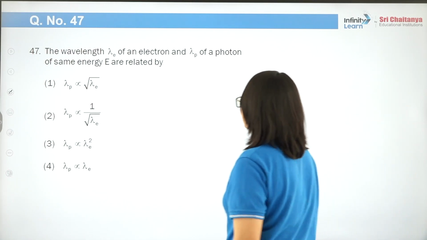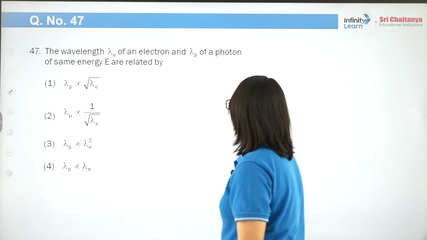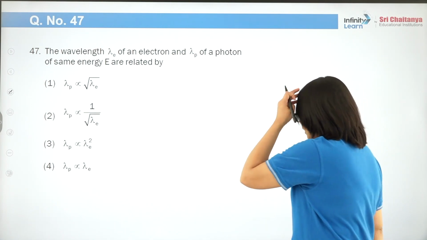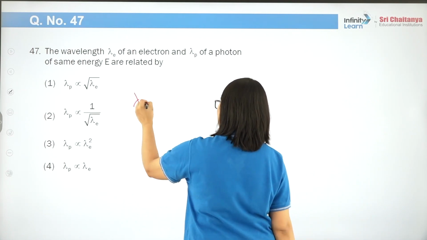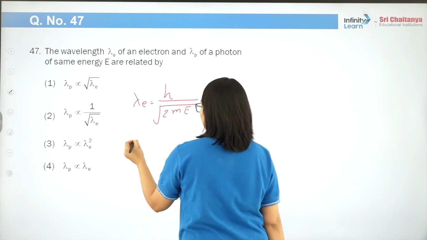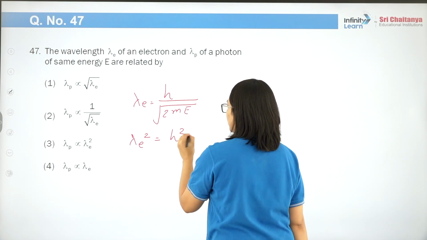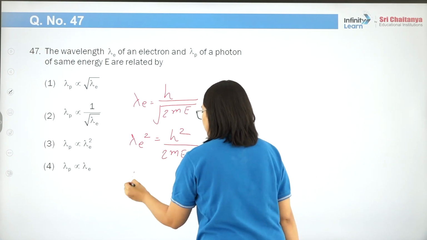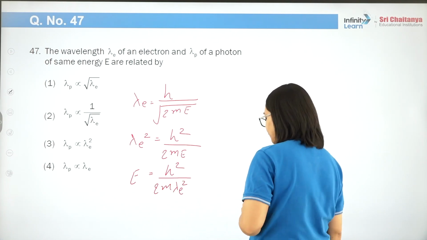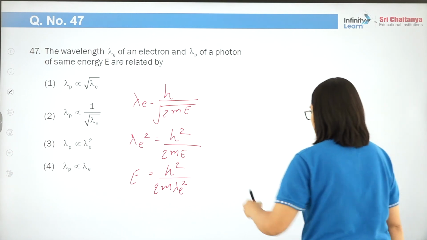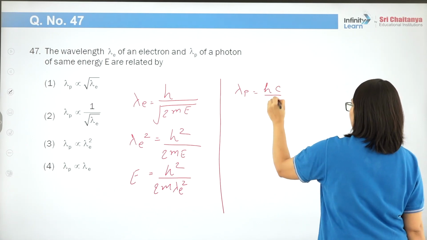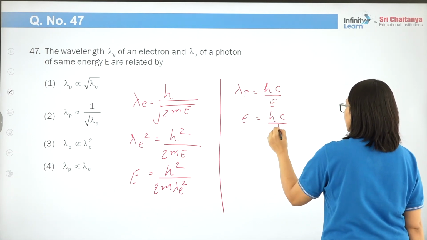Next is question number 47. The wavelength lambda e of an electron and lambda p of a photon of same energy E are related by. So over here, lambda e will be h upon under root 2 mE. So lambda e square will be h square divided by 2 mE. So E will be h square divided by 2 m lambda e square. Now lambda of the photon over here is hc by E. So E will be hc by lambda photon.